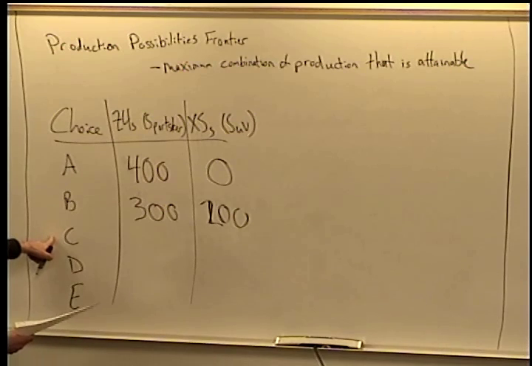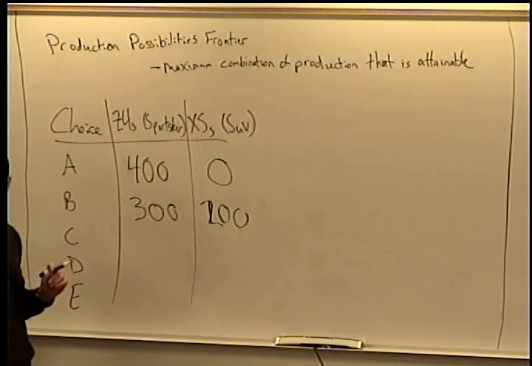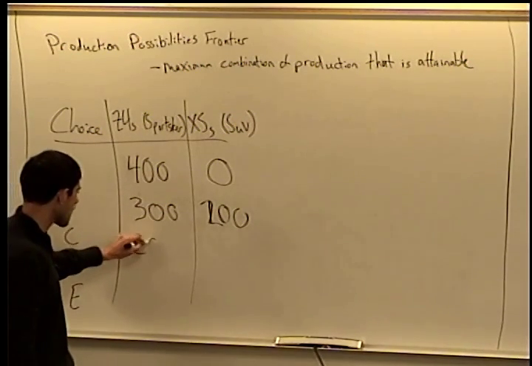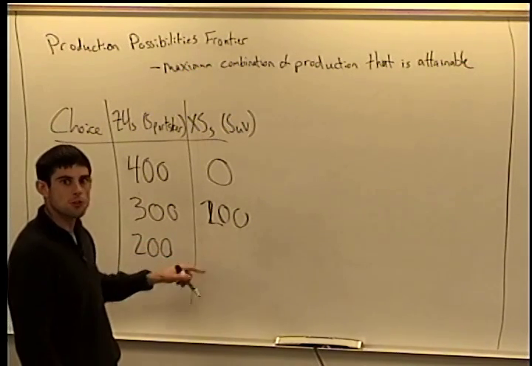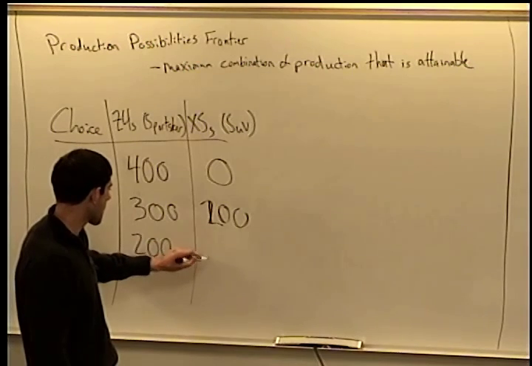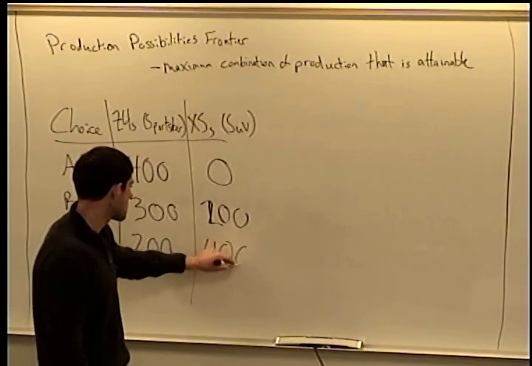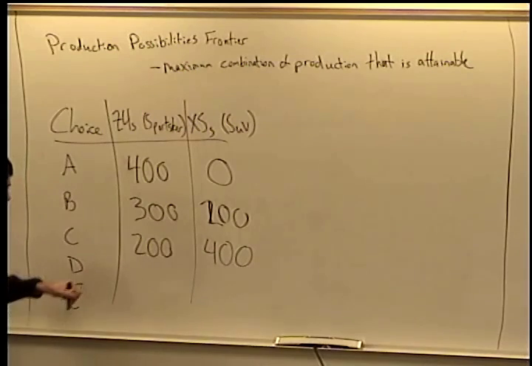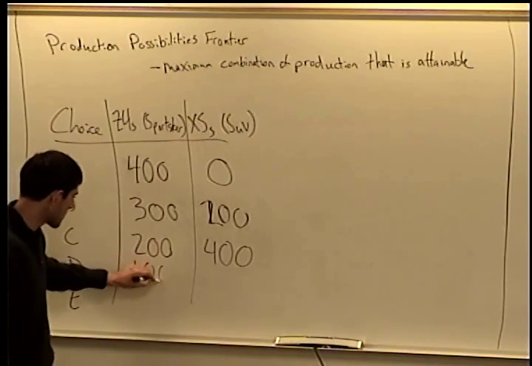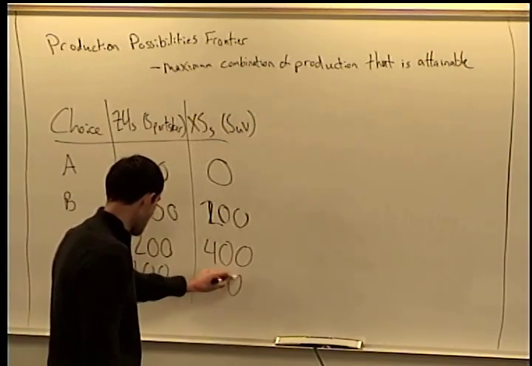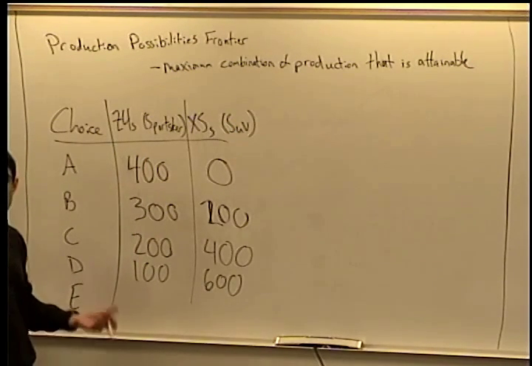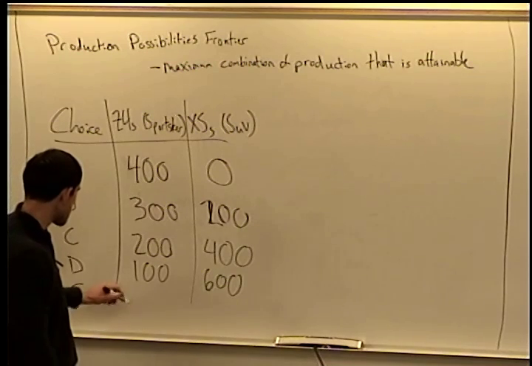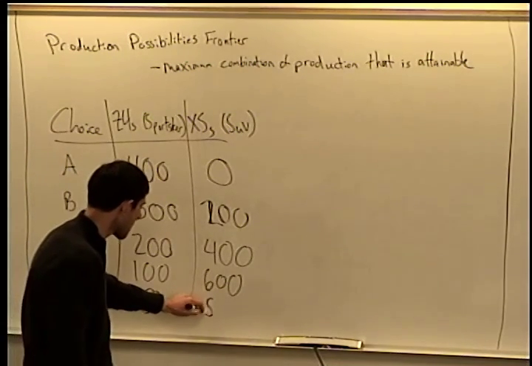Choice C involves producing even less Z4s, so going down by another 100. And if they went down by another 100, suppose that they can produce 200 more X5s or SUVs, so they can produce 400. Choice D would be 100 and 600. And then choice E is going to be if they spent all of their time producing SUVs only. So choice E would be 0 and 800.